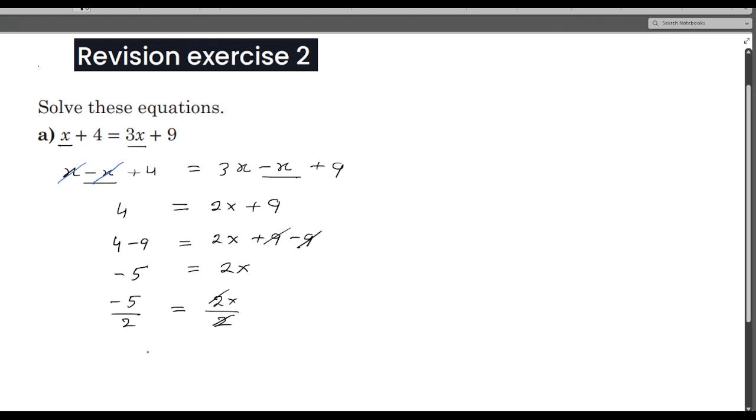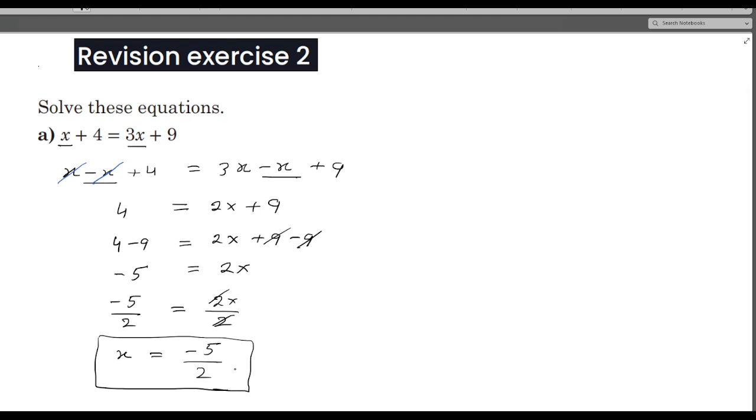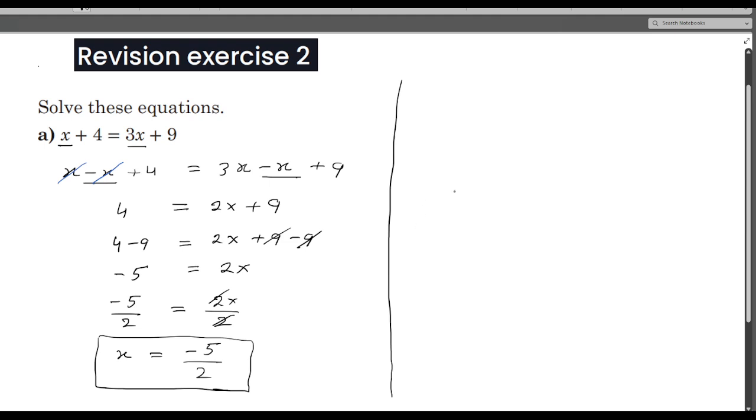This 2 will cancel, and I can say that x is equal to minus 5 divided by 2. This is what we say: we are performing the same operation on both the sides of the equality.